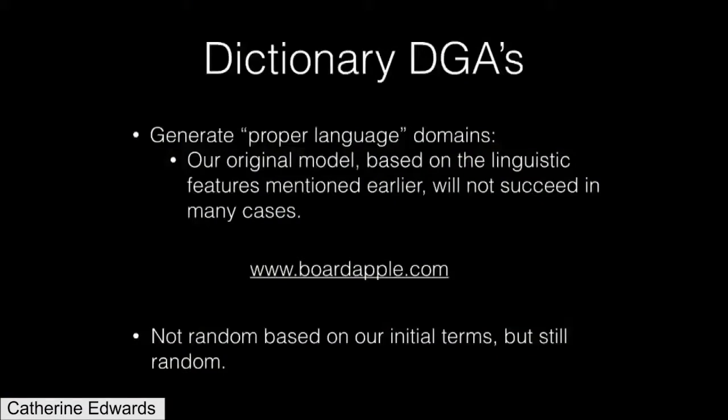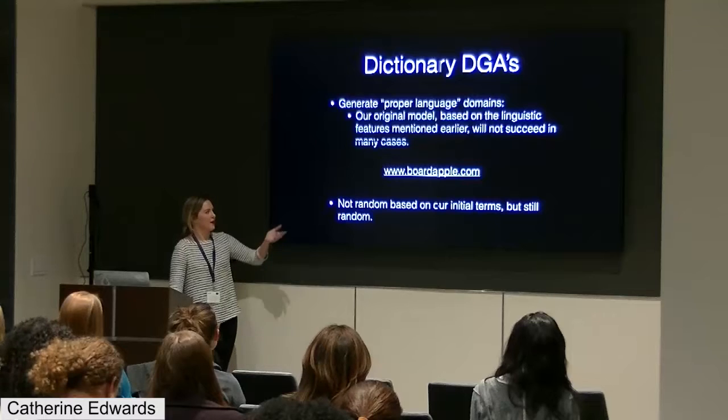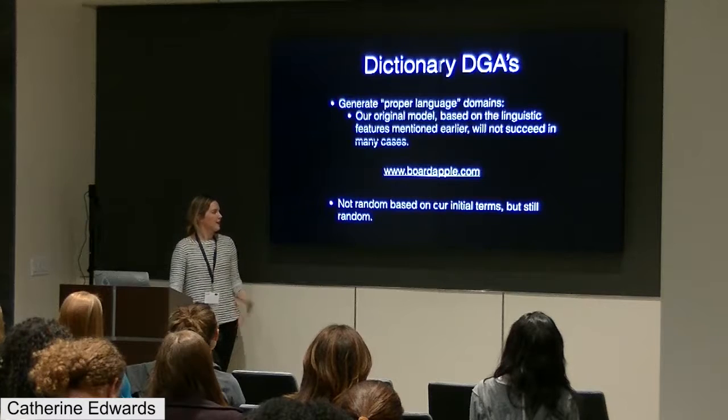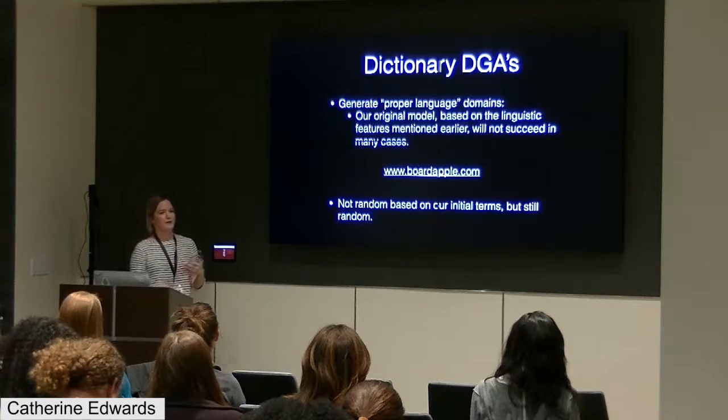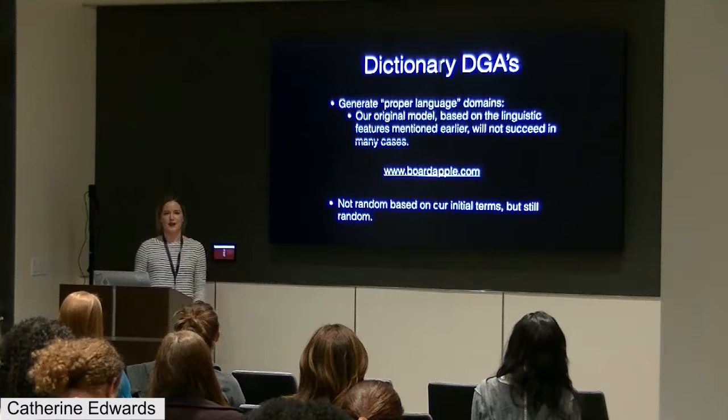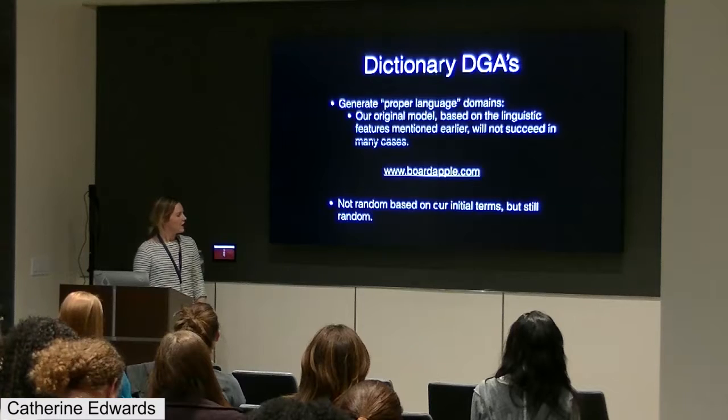Again, dictionary DGAs will combine words that are random. Facebook might have seemed random in the past, but now we're all pretty used to it. But if you put something like Ford, Apple in a domain name, that would be kind of suspicious to us because it's not something we usually see in normal language.